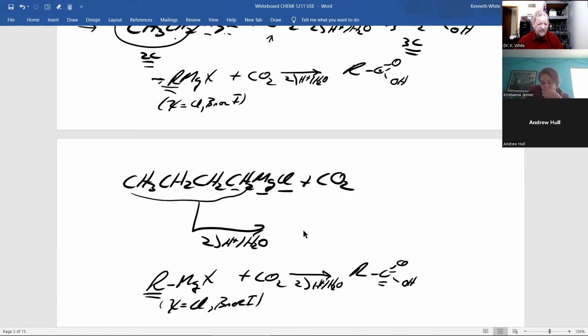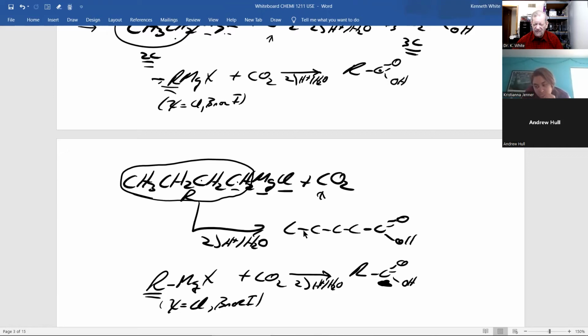What's R in this case? This. So I have 1, 2, 3, 4 carbons. I'm going to better end up with 5 carbons, and I'll add one more, which you get from the CO2, and this will be a carboxylic acid. And there's 4 bonds to carbon, so I know how to put in my hydrogens. And notice I started with 4 carbons, my carboxylic acid, 1, 2, 3, 4, 5. I did it right, 5 carbons.